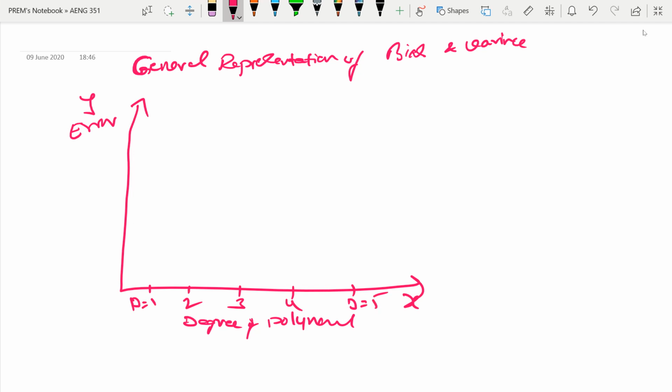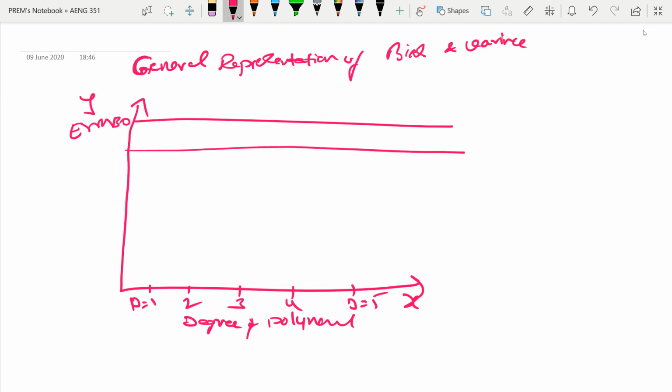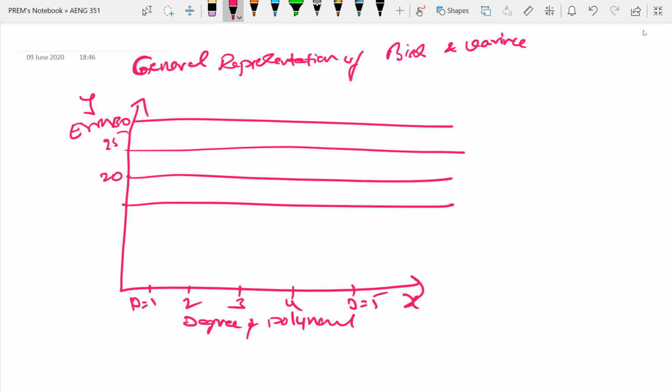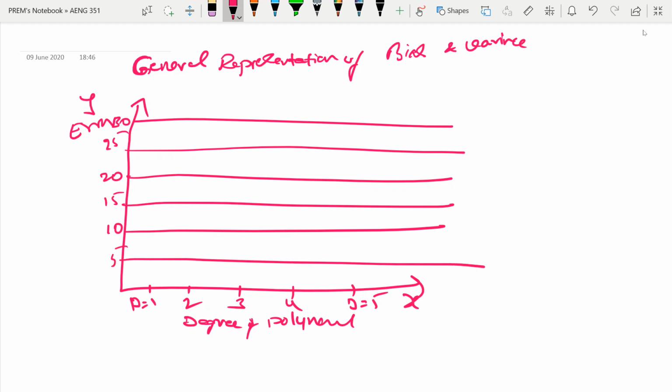So degree 5, suppose I am considering the error 30, 25, 20, 15, 10, 5, 0.